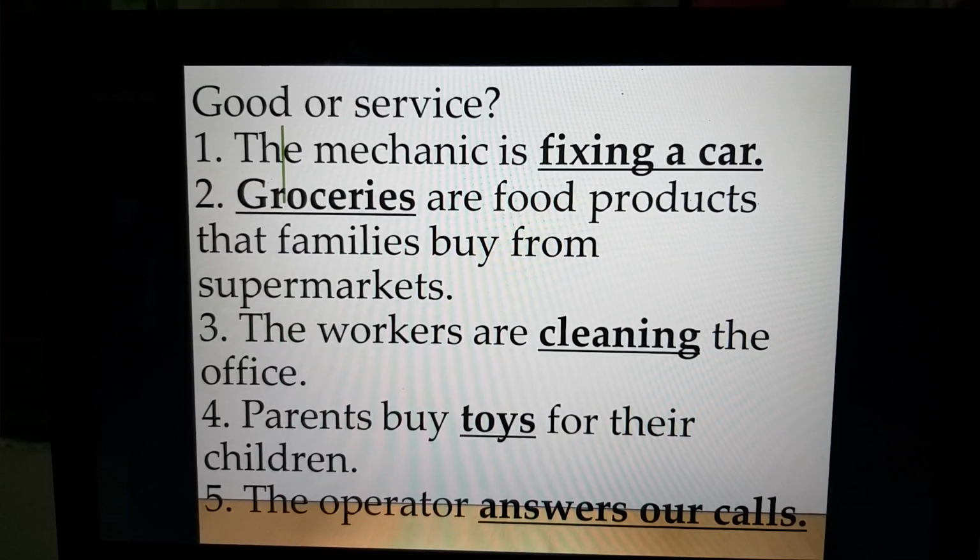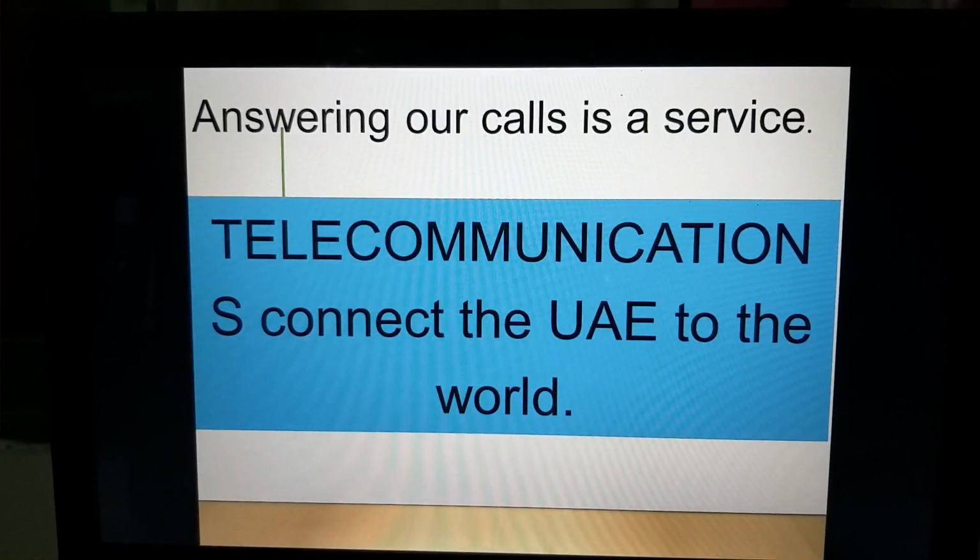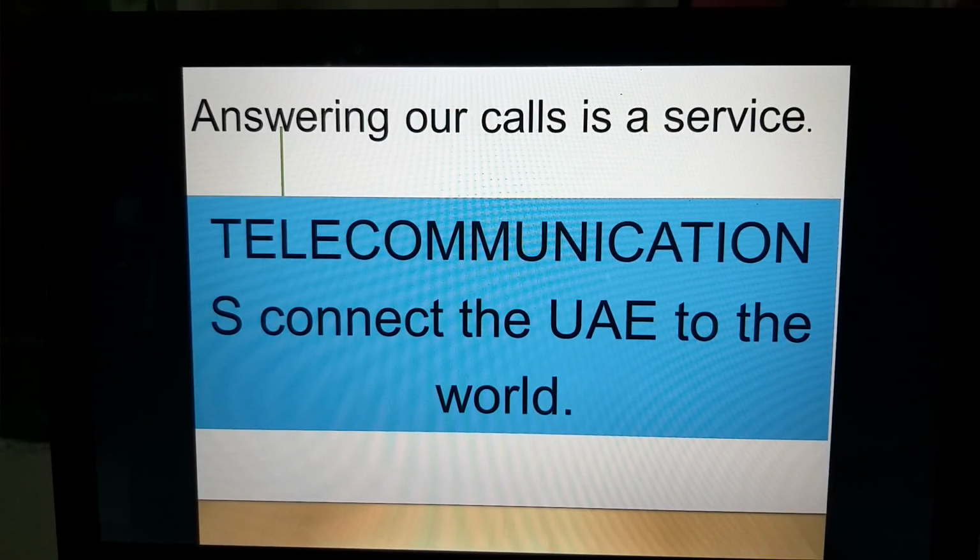Okay, good job. Okay, answering our calls is a service. What kind of service? Yes, it is telecommunication service. Telecommunication services also connect the UAE to the rest of the world. How?